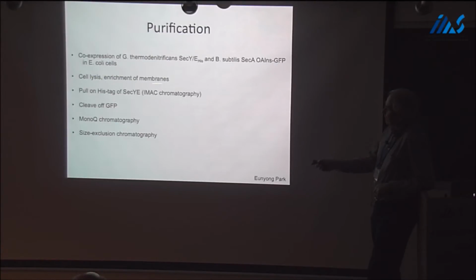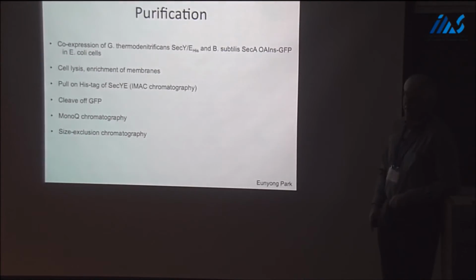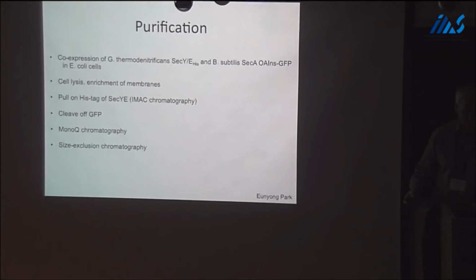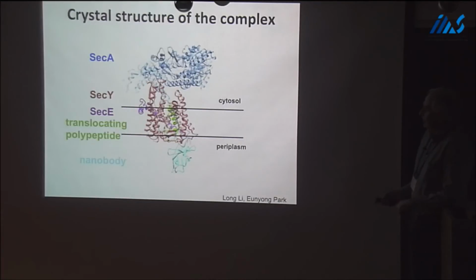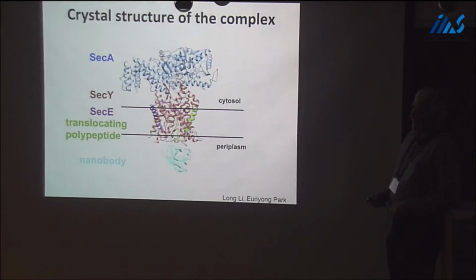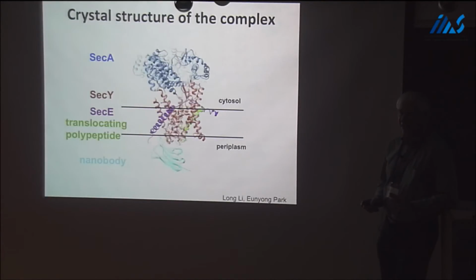Then we do the cell lysis, isolate the membrane, solubilize, pull on the His tag, which is on this SecY complex, and then cleave off the GFP, do a MonoQ chromatography, size exclusion chromatography, get a pure protein, and crystallize. And so I actually have to also say that it wasn't quite as simple as I just explained.